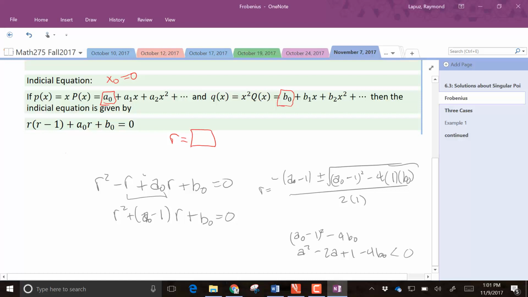We didn't have a case for that when we broke this down into cases, where this thing was negative and we'd have imaginary numbers. So apparently this is not going to happen for us, or at least in this class, because we don't have a way to solve for that.